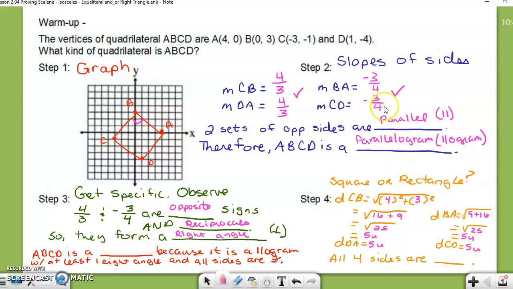Well, we don't use slope to determine that they are congruent. We use distance formula, but we put the slope numbers in the distance formula. Now I can see that all 4 sides are congruent. All right, now I know ABCD is a square because it is a parallelogram with at least one right angle and all sides are congruent.